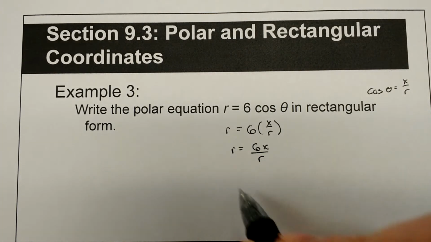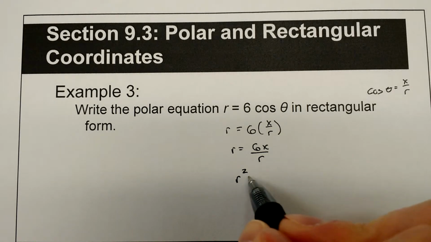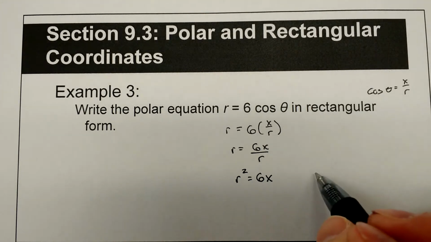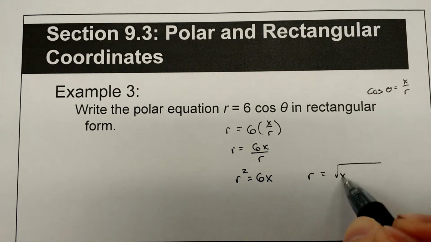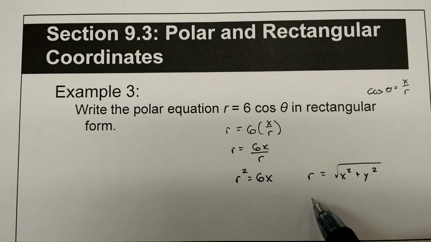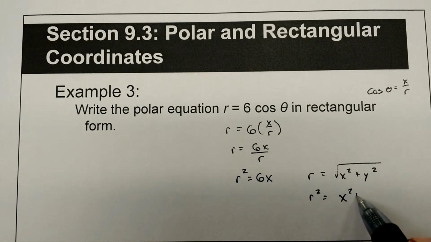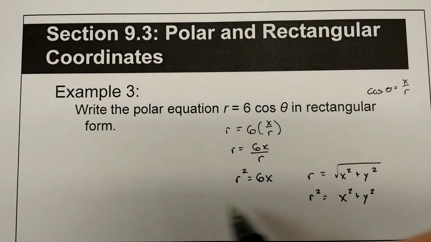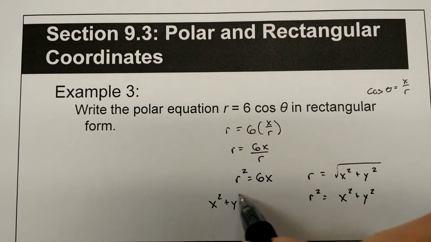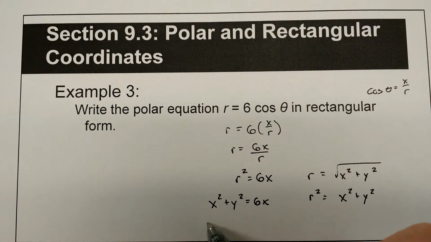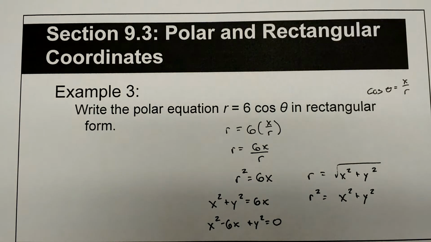So we multiply both sides by r, which gives me r squared equals 6x. And from the previous page we had r equals the square root of x squared plus y squared. So r squared, if I square this side, I'm just going to get x squared plus y squared. It's going to cancel the root out. So this equation becomes x squared plus y squared equals 6x. And then I'm going to move everything over, so x squared minus 6x plus y squared equals 0. So that's in rectangular form.